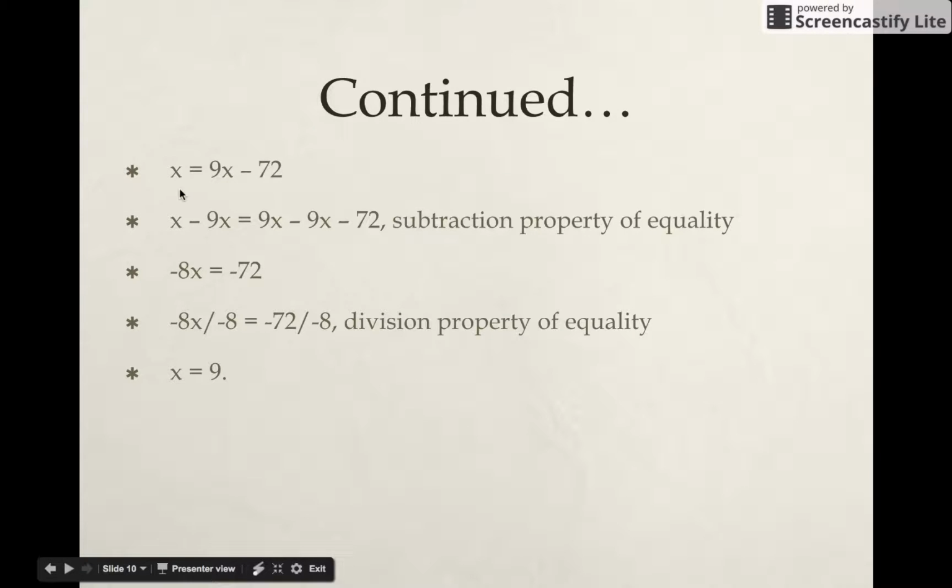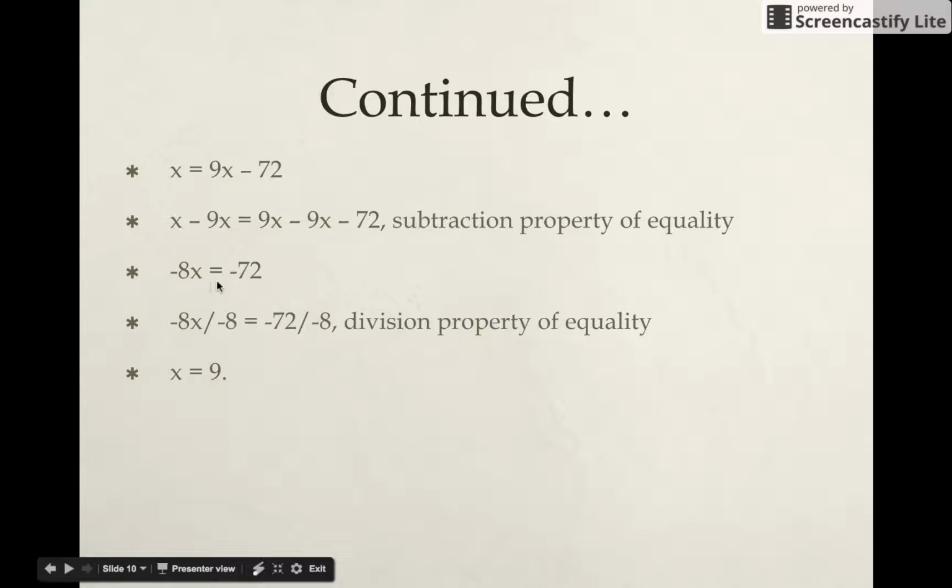Again, we have x's on both the left-hand side and right-hand side of the equation, so it'd be nice to isolate x. We need it to be on one side of the equation. So using the subtraction property of equality, we can subtract 9x on both the left-hand side and the right-hand side. Again, note that subtracting 9x results in a difference of 0 on this right-hand side, so that's very helpful, and leaves us with negative 8x on the left-hand side.